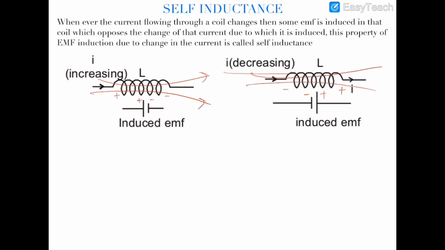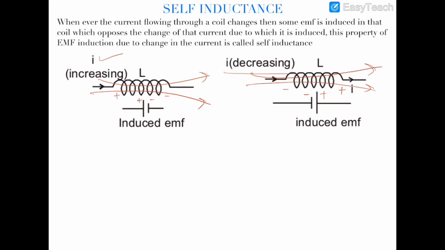If this magnetic field and magnetic flux change due to the changing current, then the flux change is the basic cause of induction of EMF. So the basic cause of induction of this EMF is the change in flux, and this flux is changing due to the changing current. So we conclusively say that in an inductor coil, whenever current changes, EMF is induced.